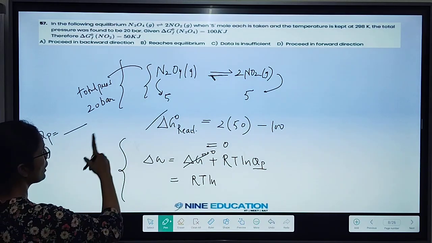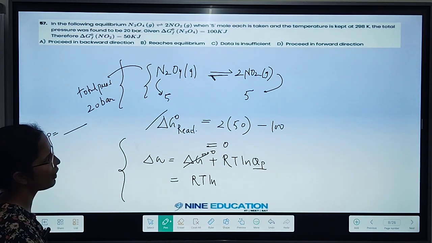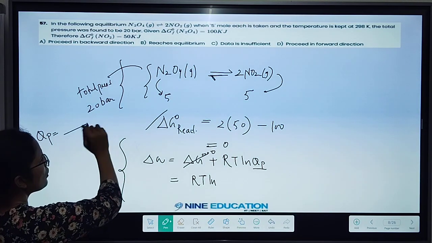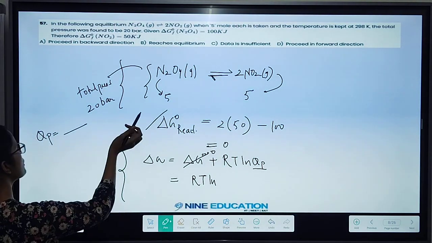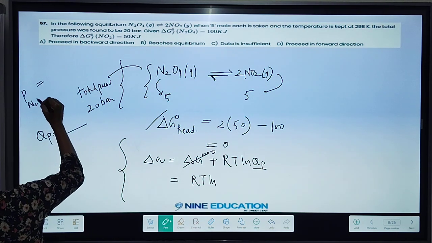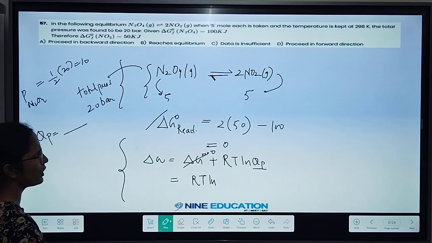Now if you look at N2O4 and NO2, both we are starting with 5 moles, so both will be having mole fraction of half, and total pressure is given 20 bar, right? So partial pressure of both should be, pressure of N2O4 will be 1 by 2 into 20, means it will be 10 only. Same for the NO2.